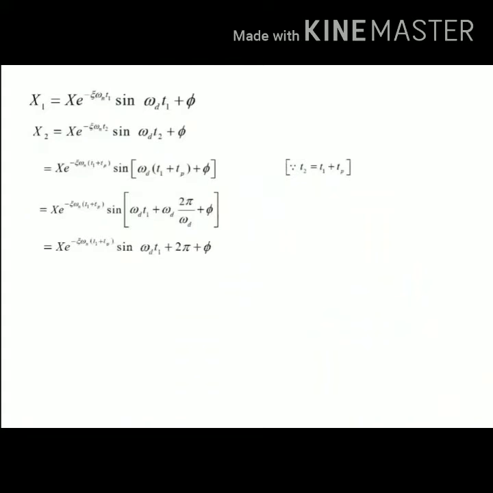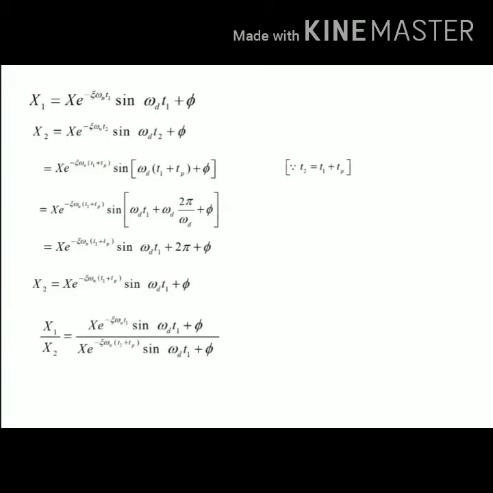So we get x2 is equal to x e raised to minus zeta omega n in bracket t1 plus Tp into sin of omega d t1 plus 2 pi plus phi. So we can write x2 is equal to x e raised to minus zeta omega n in bracket t1 plus Tp into sin of omega d t1 plus phi.